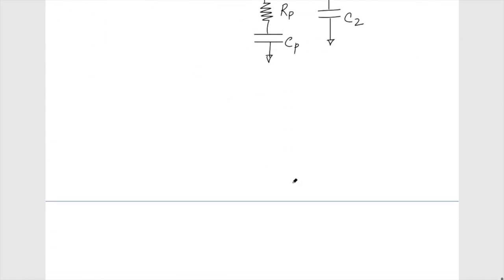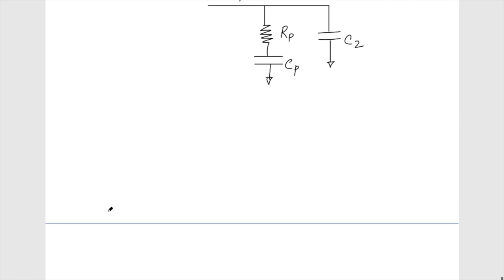Now my open loop transfer function is going to become something like this. I'm writing it directly; you can try it yourself.